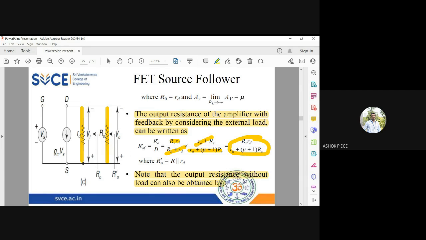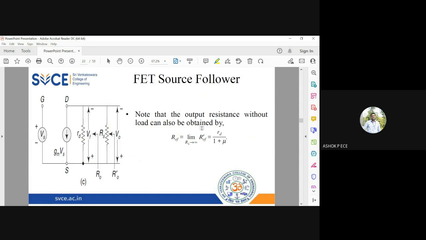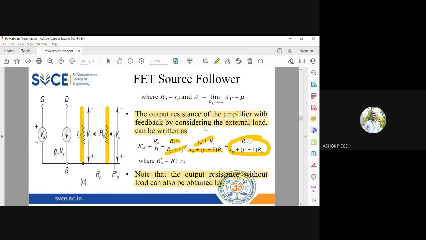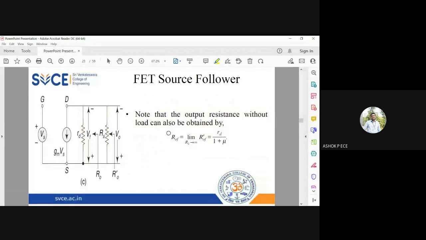So I told you on the input side you will be finding only one parameter, but on the output side you will always be finding R naught. R naught is output resistance without RL, and R naught dash is output resistance with RL, considering the effect of load. So similarly, you can also find R naught F dash in other formulas also.